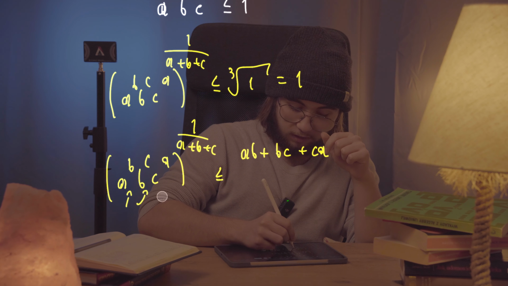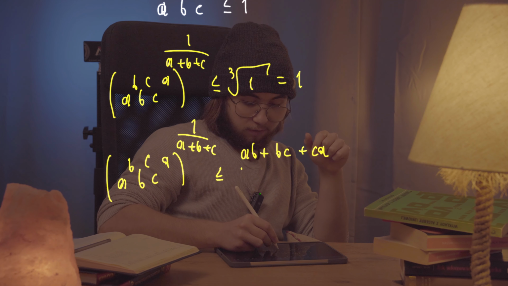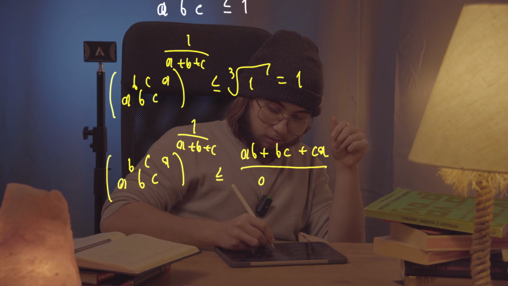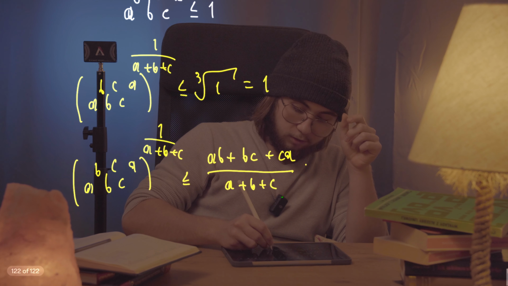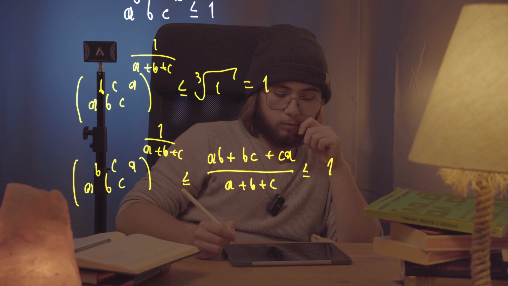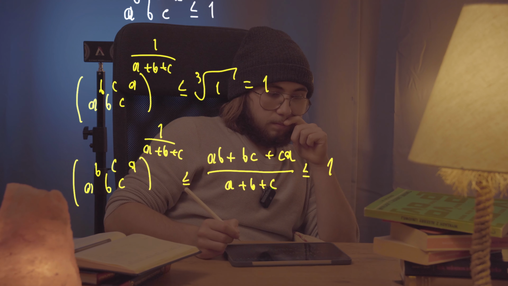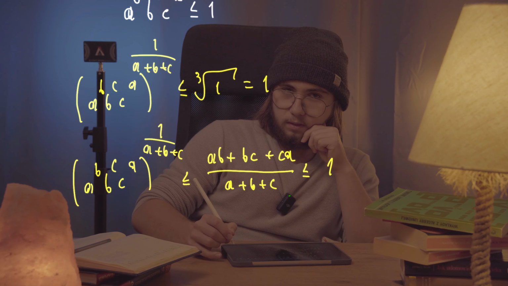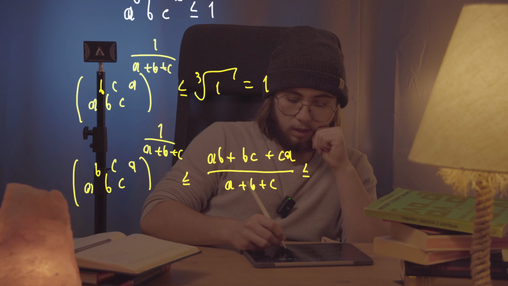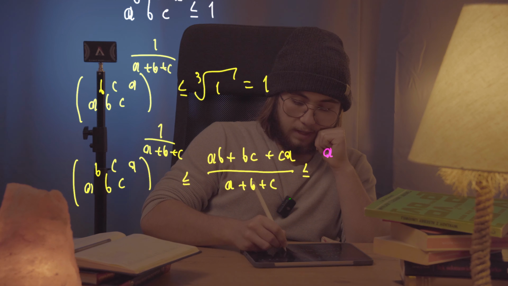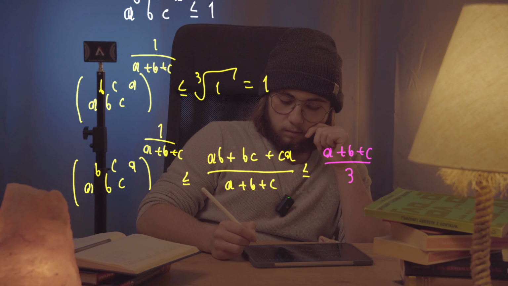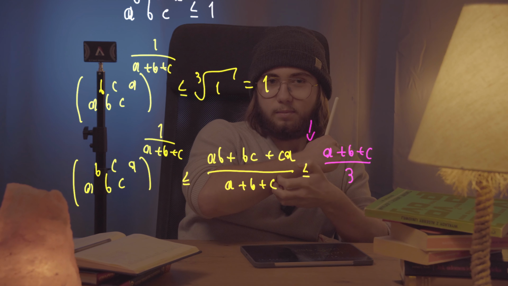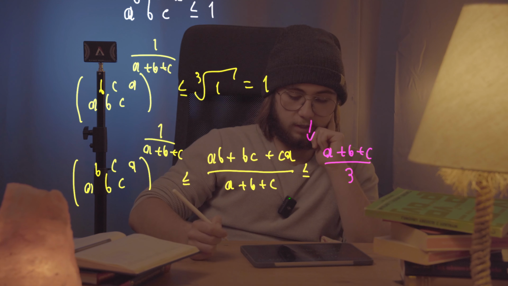Well, that's absolutely lovely, because now what we only have to do here to achieve the weighted AM is to divide everything by the sum of the weights. And we're supposed to prove this is going to be less than or equal to 1. Well, it's probably not the easiest, but I have a neat trick, because if we were to rewrite this one as, let's say, (a plus b plus c) all over 3, then that's pretty interesting, because we are able to solve this kind of an inequality.